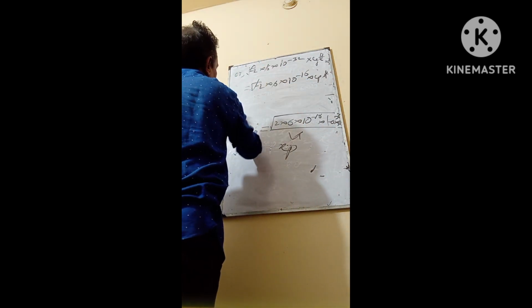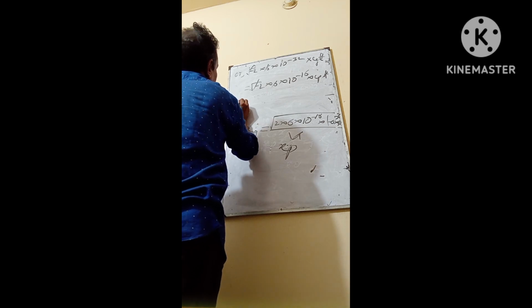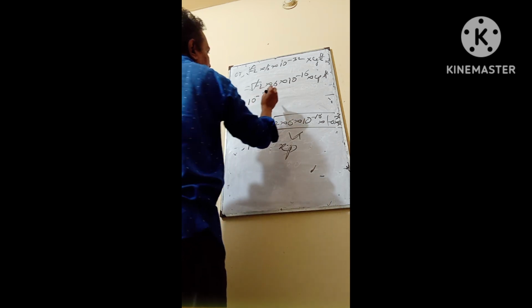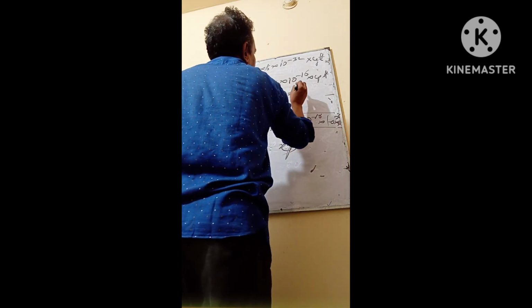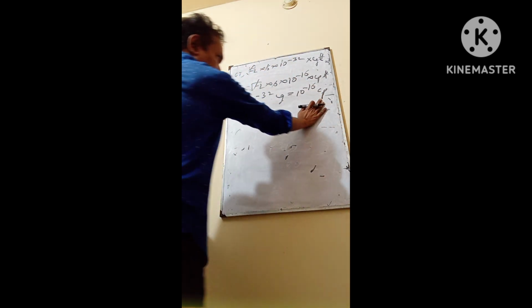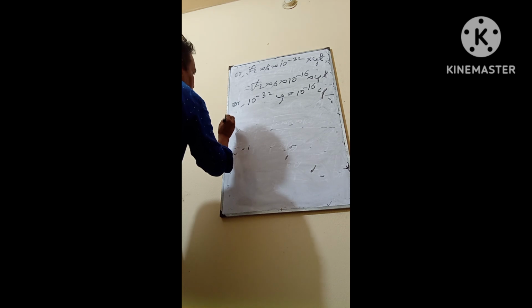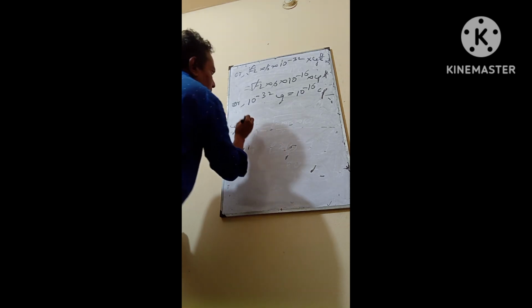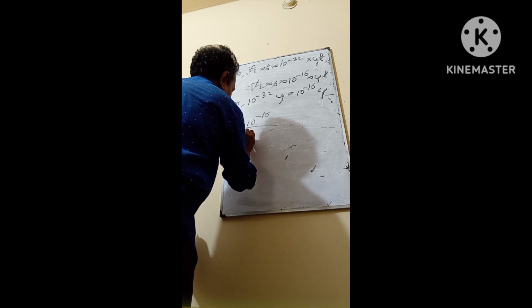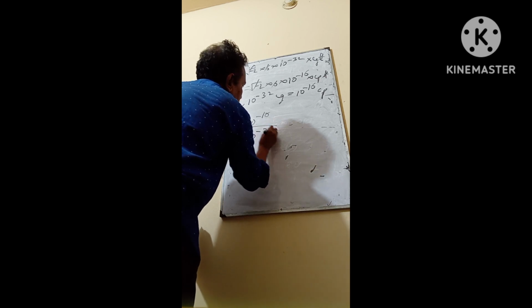So now we have to write 10 to the minus 32 Cg, 10 to the minus 16 Cp. Cp is the velocity of photon particles. So Cg is equal to 10 to the minus 16 divided by 10 to the minus 32.